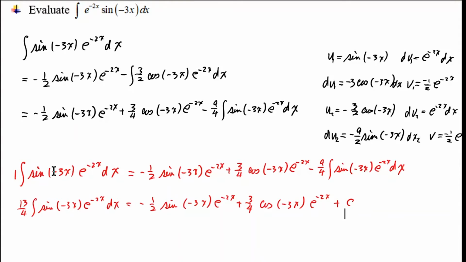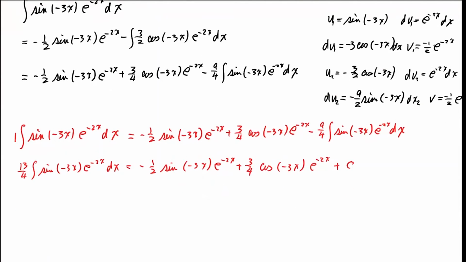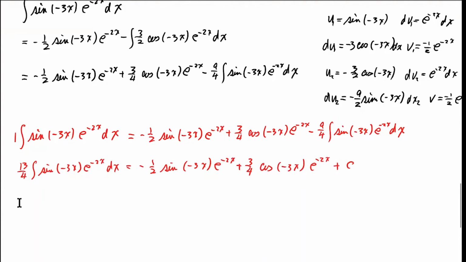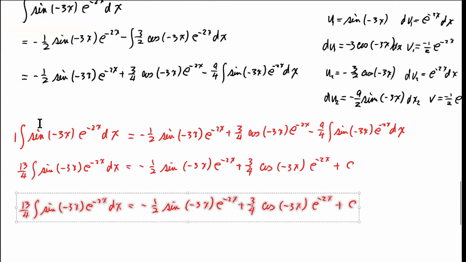Let's do that. We can write another line, or we can just take an eraser out and fix it, but hey, this is a computer, right? So I actually can do this. There you go. So all I have to do is multiply both sides by 4/13. Good.